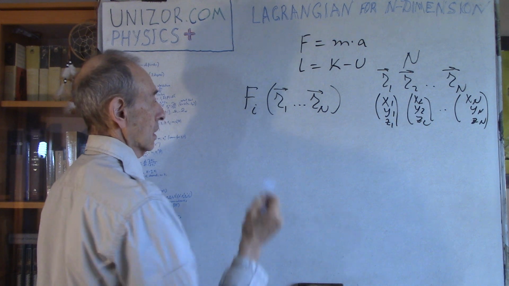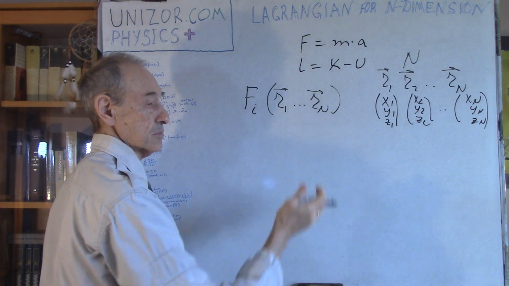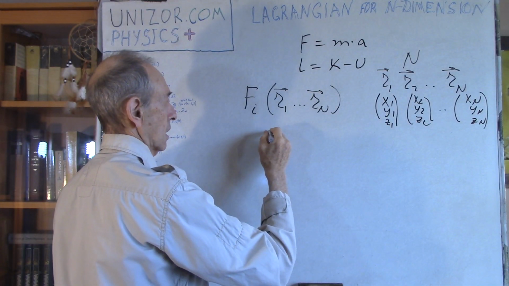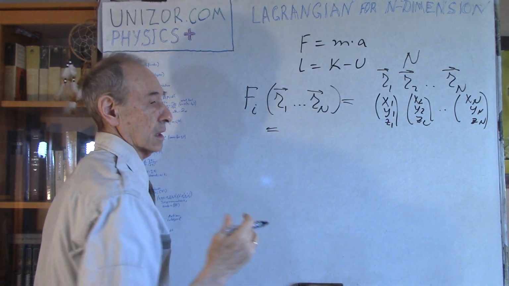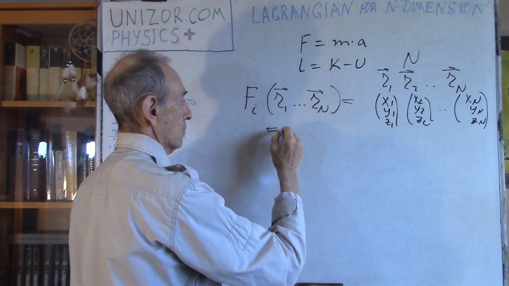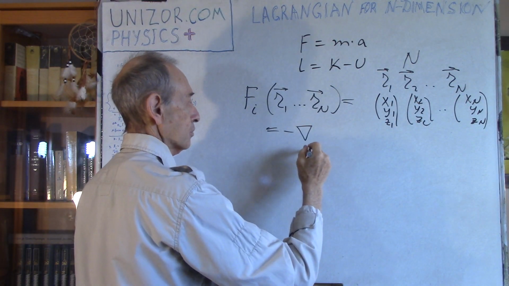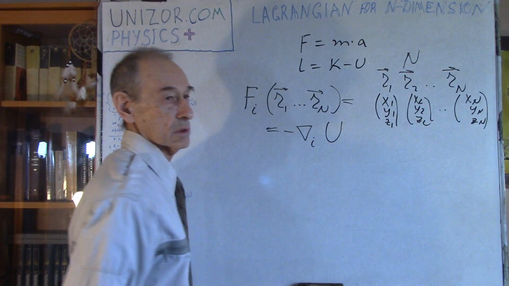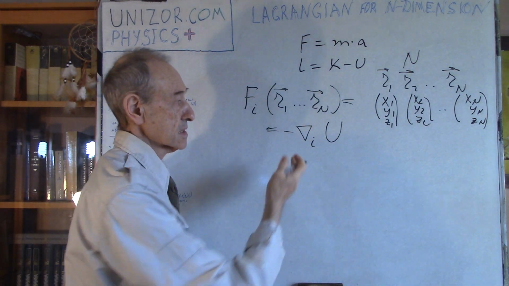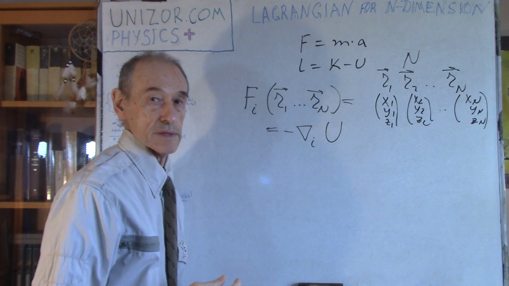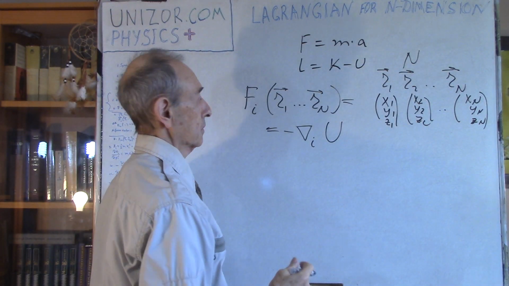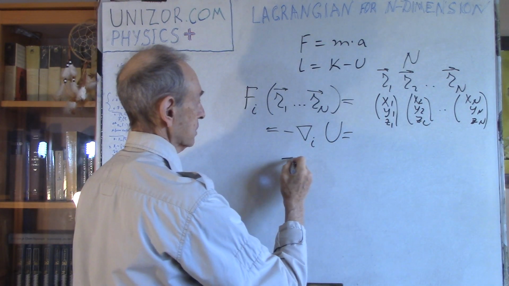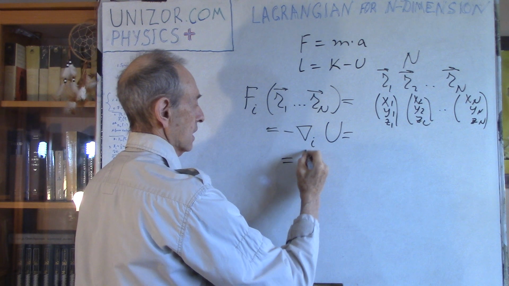And every force can be represented as minus nabla i of the potential, in this case maybe of a gravitational field or whatever other source of the forces is.